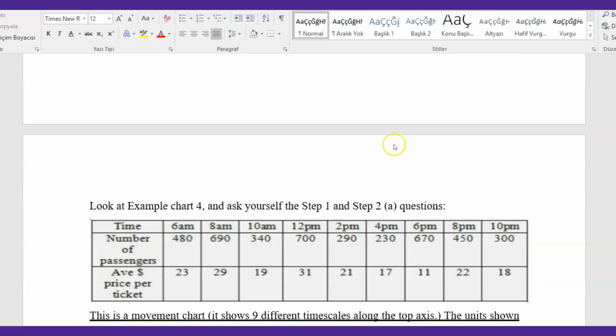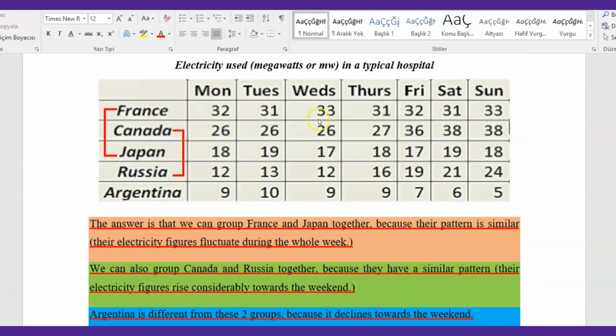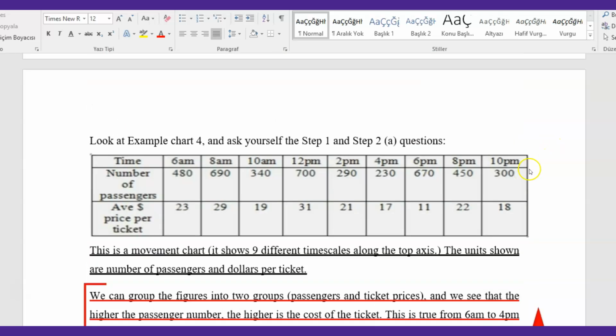Remember this chart, okay? France fluctuating 32, 31, 33, and Japan 18, 19, 17. We are actually showing the fluctuating trends, right?